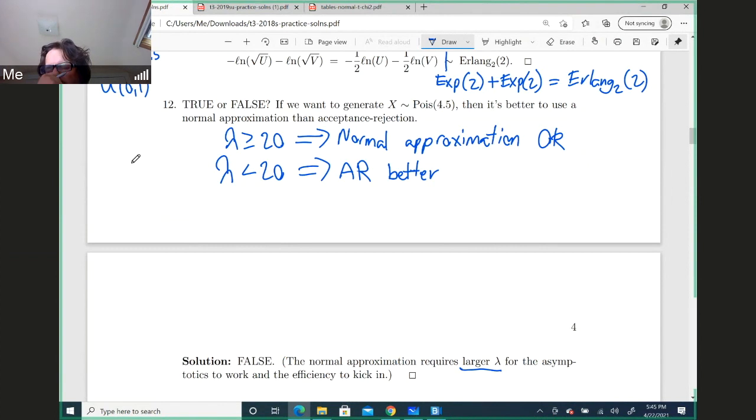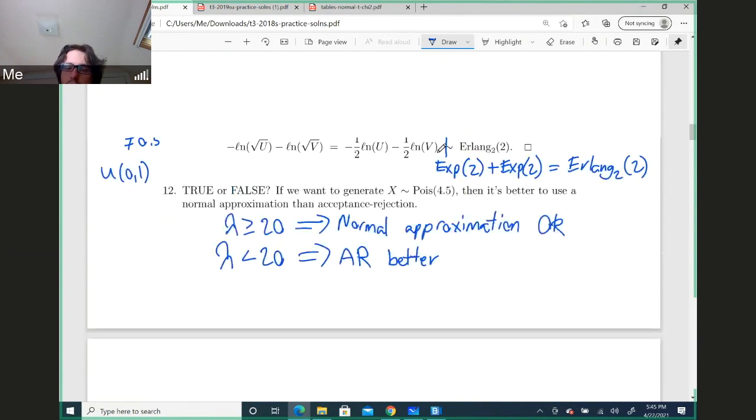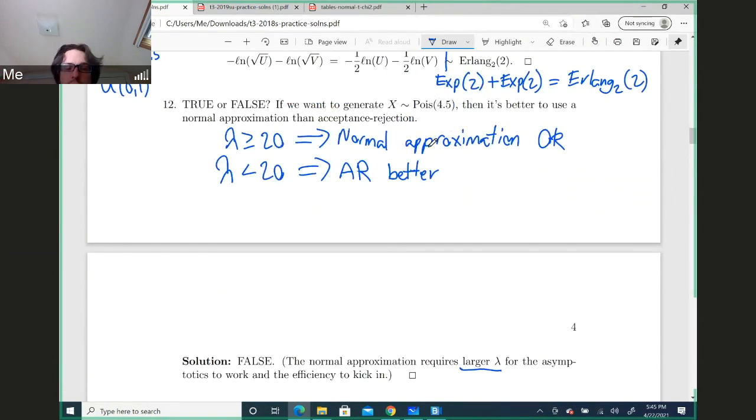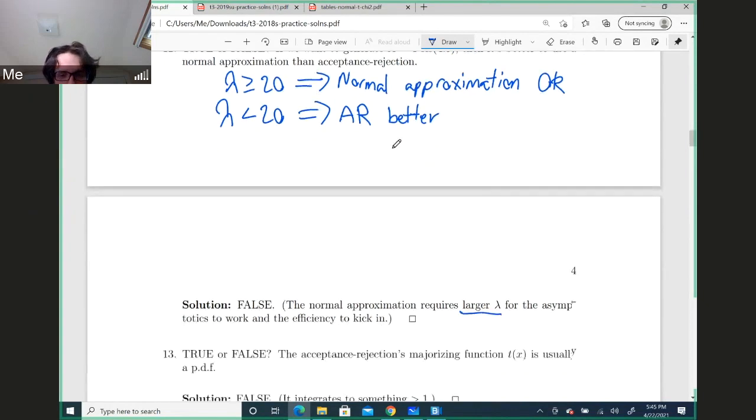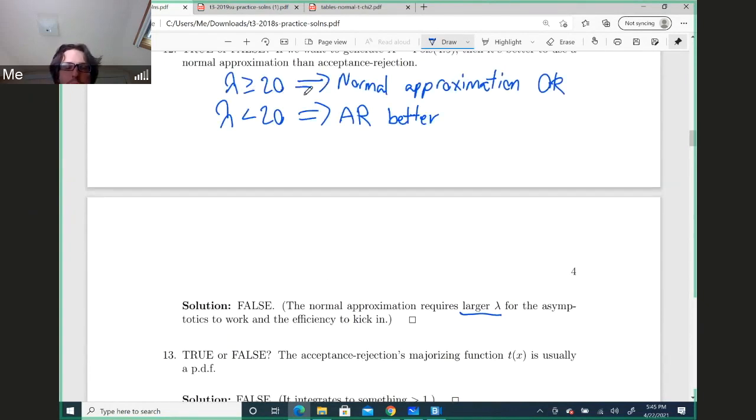The main one that you're maybe responsible for is the one for Poisson. Other distributions have this as well, but you probably won't be tested on those values because I don't think they were mentioned in lecture. But if they were, then feel free to write it on your equation sheet. I know that this lambda equals 20 was mentioned in lecture specifically.